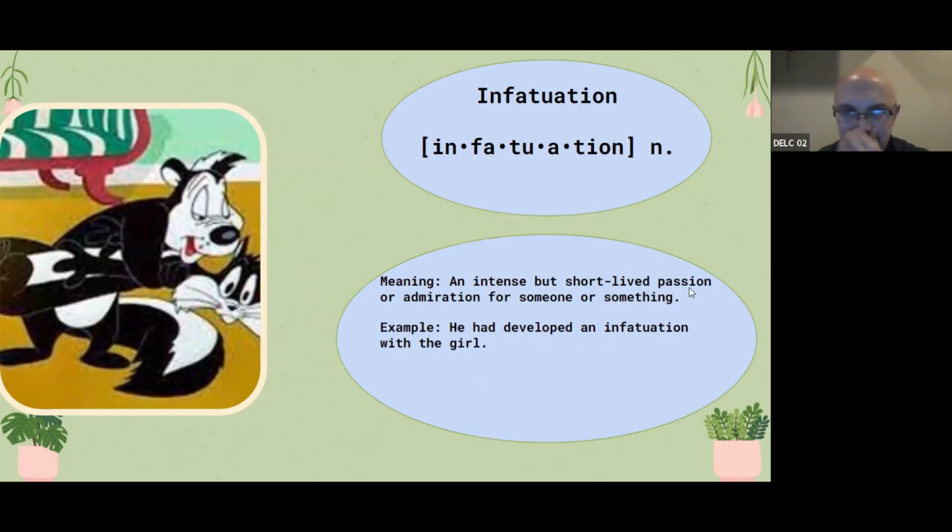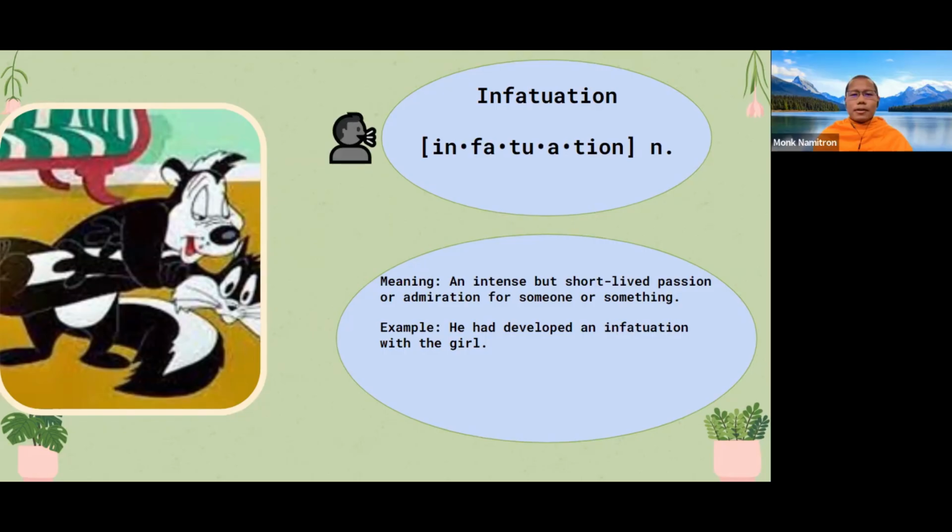And you know, I said we oftentimes use this with love relationships, but you can use it with other things like maybe you have a new hobby, or you are infatuated by some new series or something, almost like obsessed. And so one more time, can we say infatuation? Infatuation.